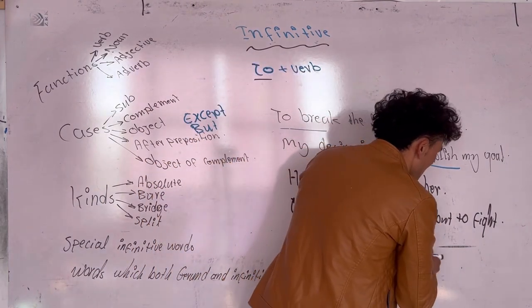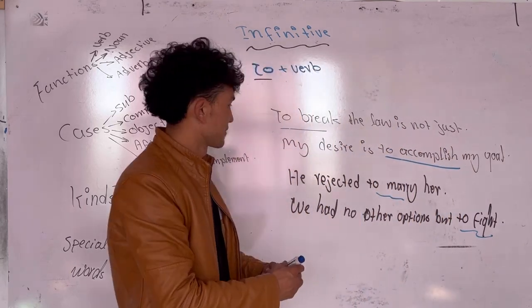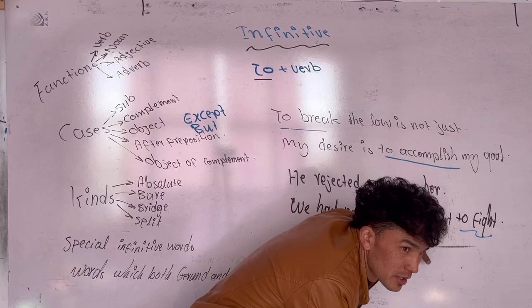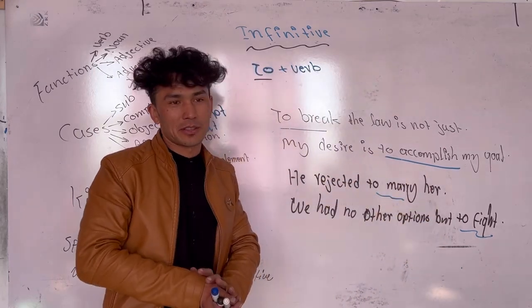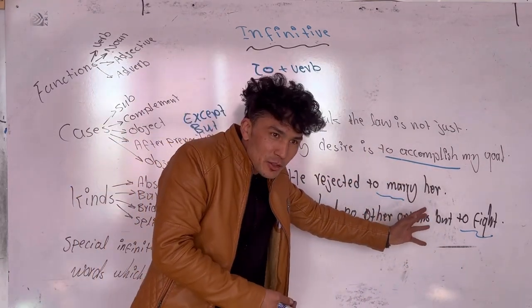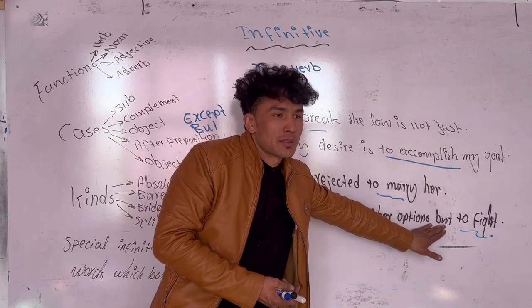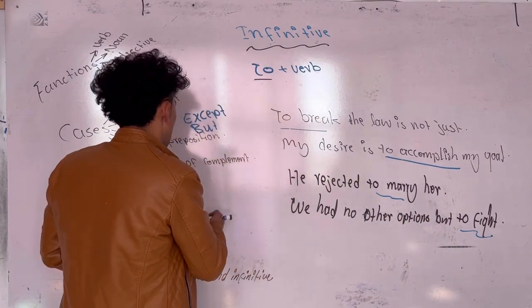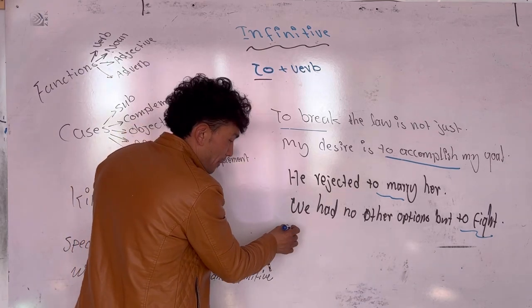But is a preposition. To fight is what? Infinitive. Used after a preposition. Got it? But is a preposition here. The sentence means without. It means without. Except. You understand? Next one, except.